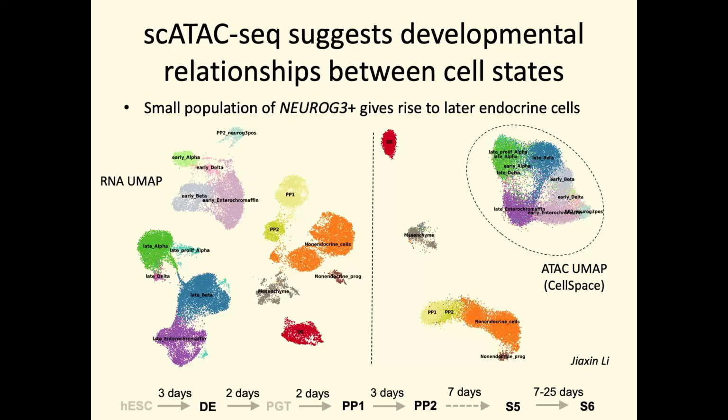So we have these two readouts from single cells, but we're looking at them separately. It's not a very fine-grained time course. The early stages, the cell types are very different from each other. But what's cool is that starting at PP2, there's a population called NEUROG3 positive cells that separate off from the rest, and they seem to give rise to the endocrine cells.